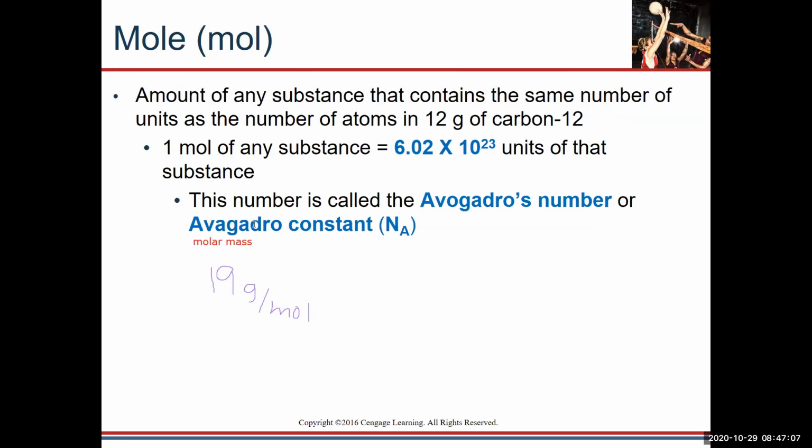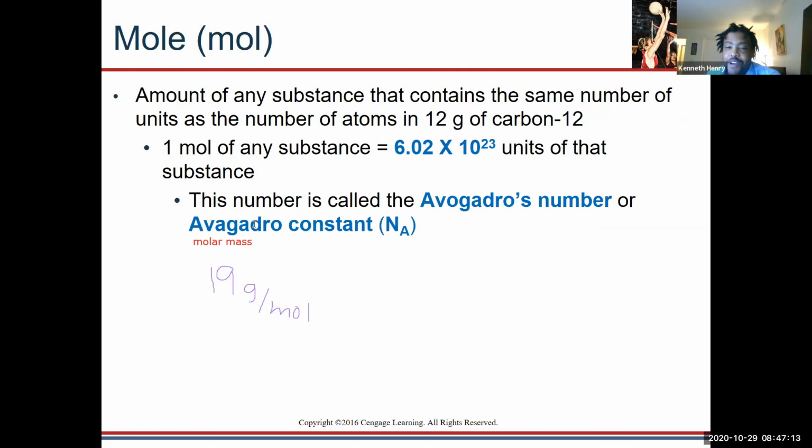Oh yeah, that helps. I get that question every semester, and you will get it again, I promise. But if I ask you for the molecule fluorine, what am I making reference to?